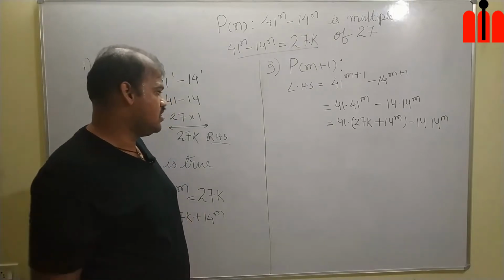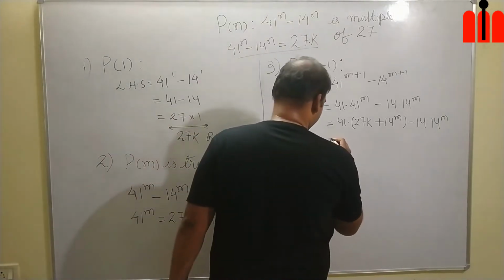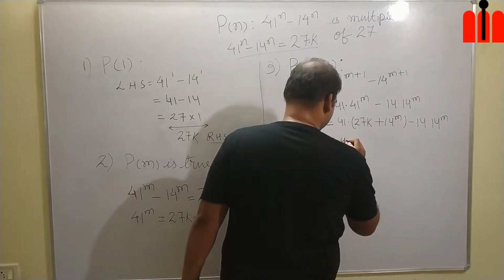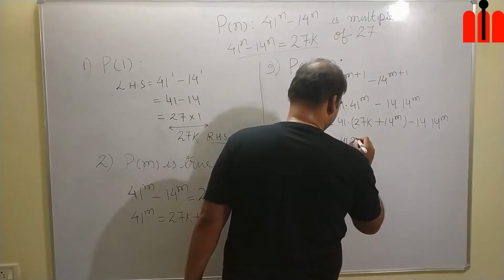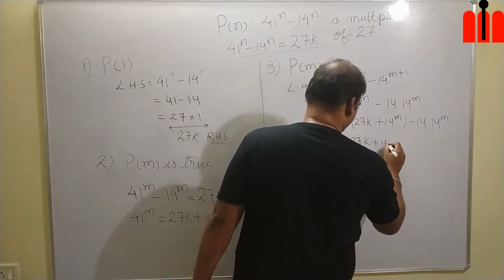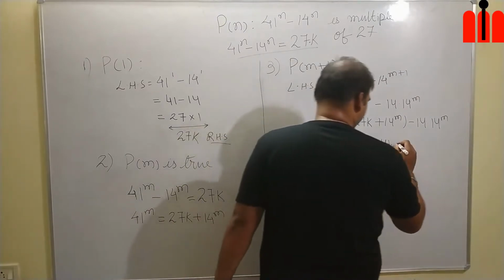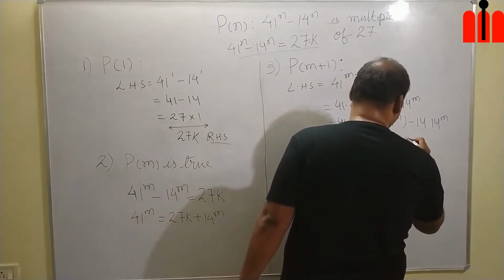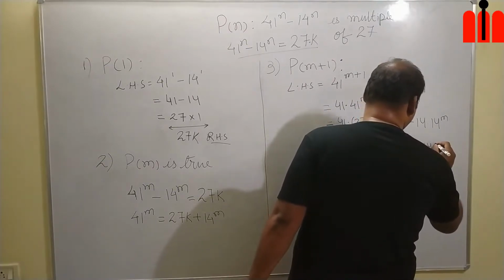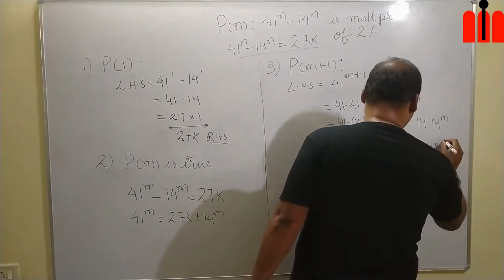Now let's multiply this 41 into the bracket. It will be 41 into 27k plus 41 into 14 to the power of m minus 14 into 14 to the power of m.